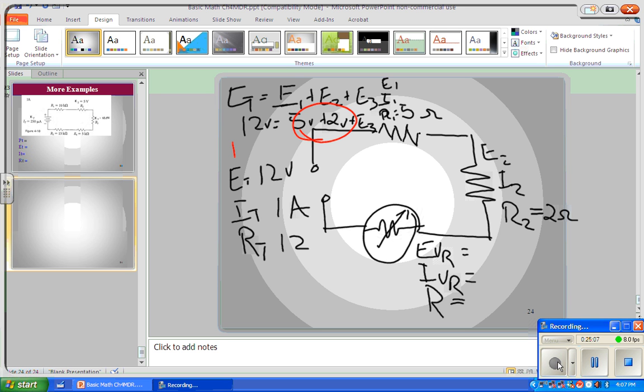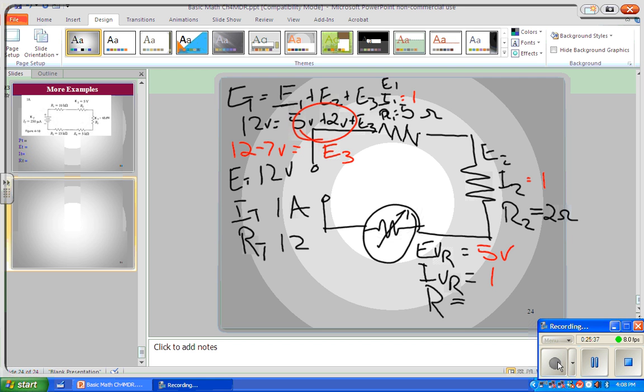That's our 7 volts, so 12 minus 7 volts is equal to E3, right? So we know that we want a voltage drop across here of 5 volts. 12 minus 7 is 5, still? Okay. And if that's true, then we'll have 1 amp of current flow all the way around this thing.